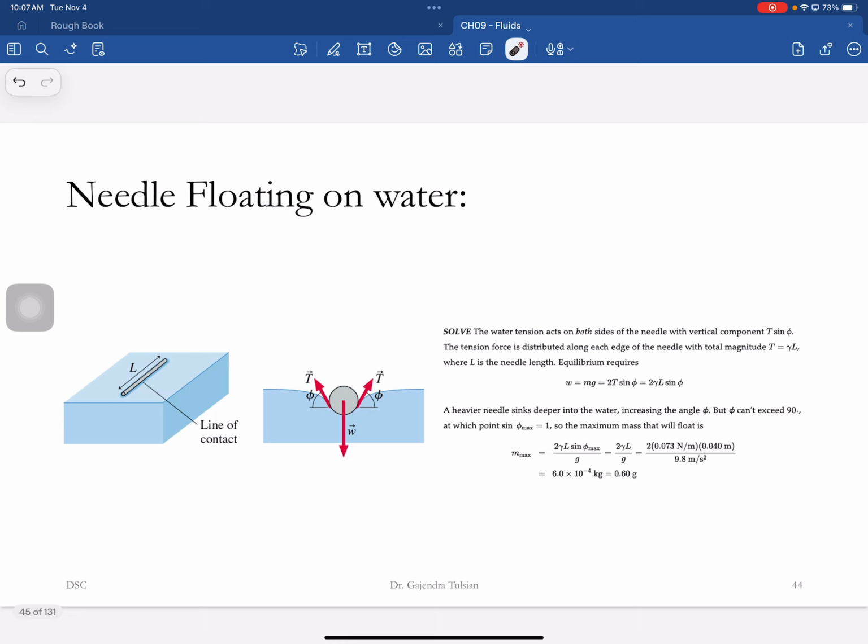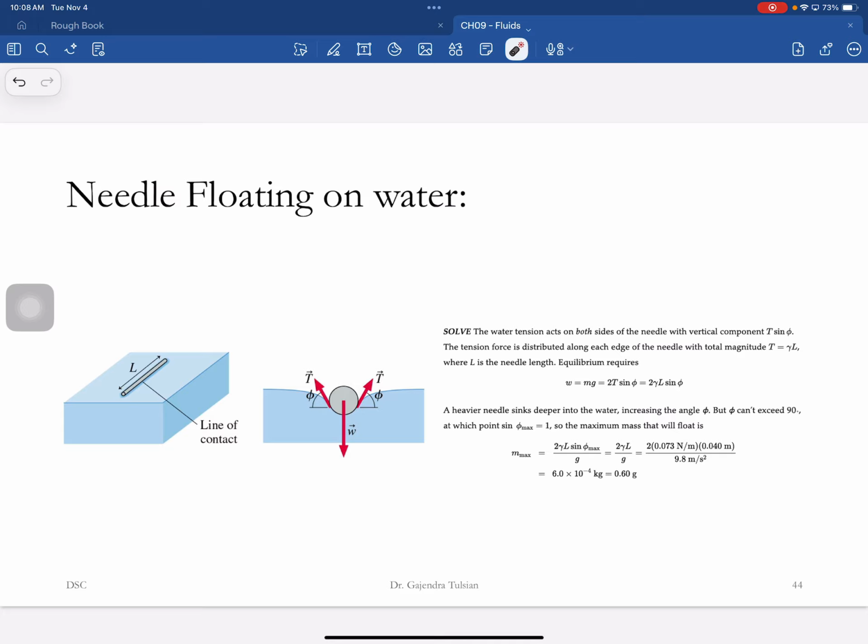So have you guys seen a needle being floated on the surface of water? Yeah. You can take a needle, and if you carefully place it on the surface of water, you want to use a tweezer without breaking the surface, you can float needles on the surface of water. And so here's a needle floating on water, and here's what happens.